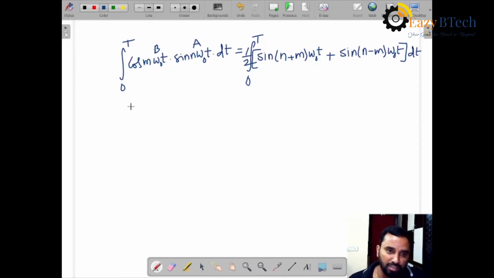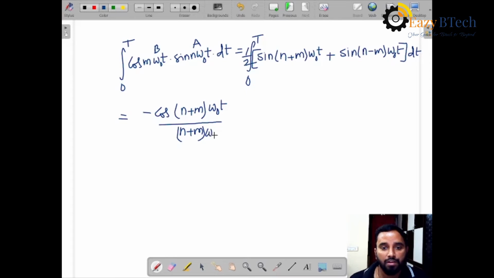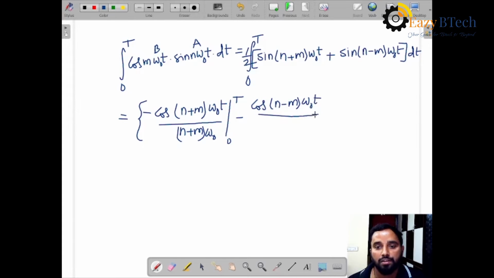Now integration we can do easily. The integral of sin gives minus cos of (n plus m) omega naught t, divided by (n plus m) omega naught, with limits 0 to T. Here also minus cos of (n minus m) omega naught t, divided by (n minus m) omega naught, same limits 0 to T. Close the bracket.